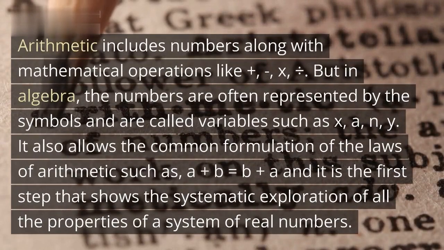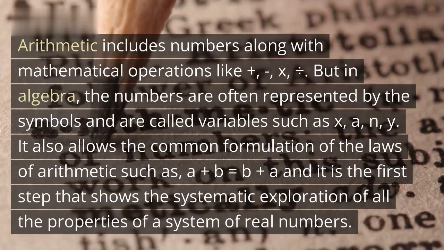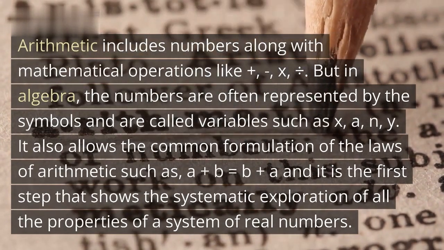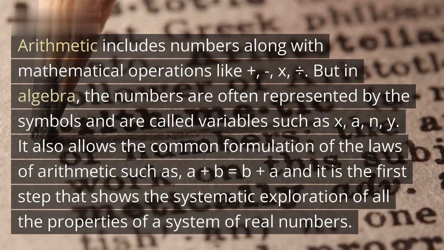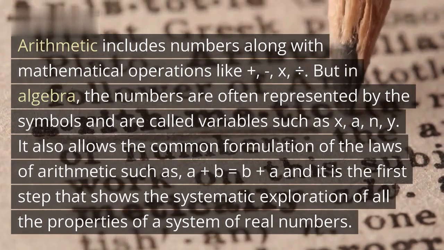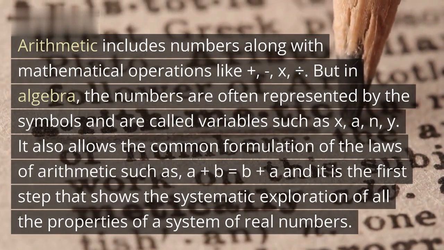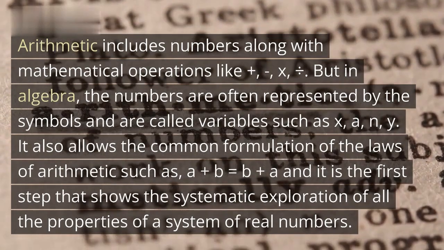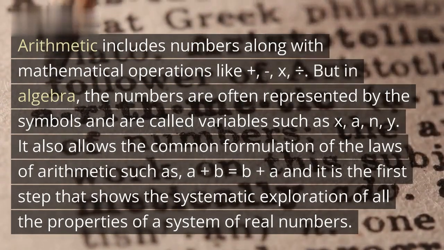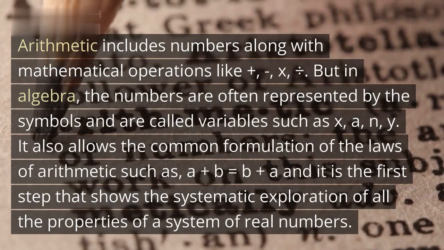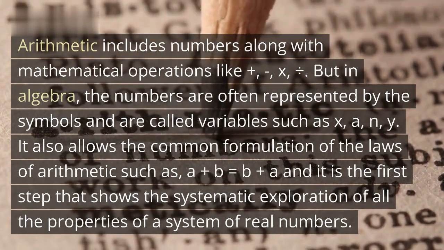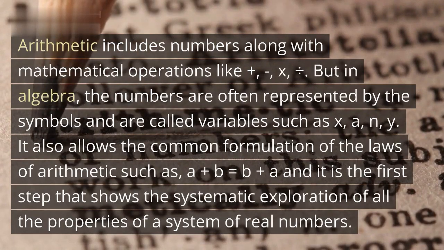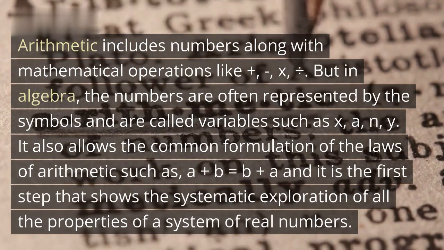Arithmetic includes numbers along with mathematical operations like plus, times, divided by. But in algebra, the numbers are often represented by symbols and are called variables such as x, a, n, y. It also allows the common formulation of the laws of arithmetic such as a plus b equals b plus a, and it is the first step that shows the systematic exploration of all the properties of a system of real numbers.